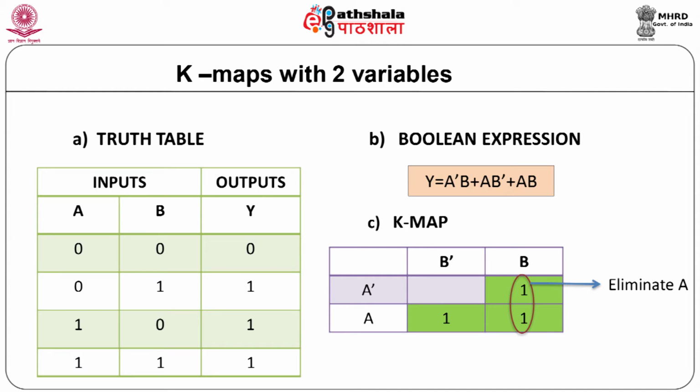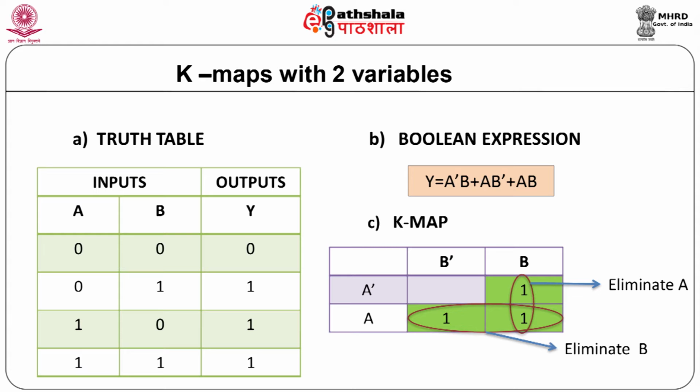The variable changing in the pair is to be eliminated, as in this group A is changing, therefore, A is eliminated and B remains in the term. In the second group, we have B changing, therefore, we can eliminate that variable as well.